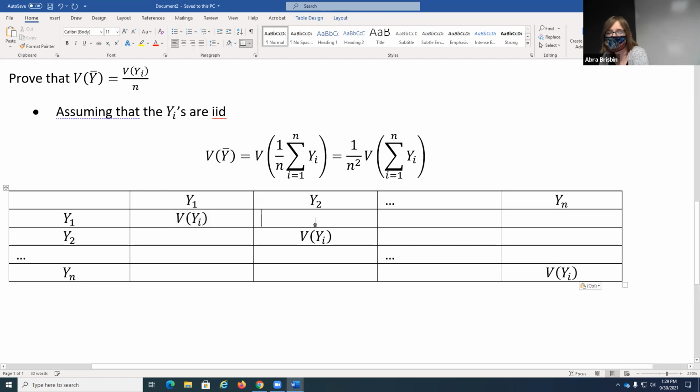What should I fill in here for the covariance of y sub 1 and y sub 2? 0, because we assumed that the y sub i's were independent. Their covariance is going to be 0. So that means that everywhere on this table, other than the diagonal, we're going to have zeros.